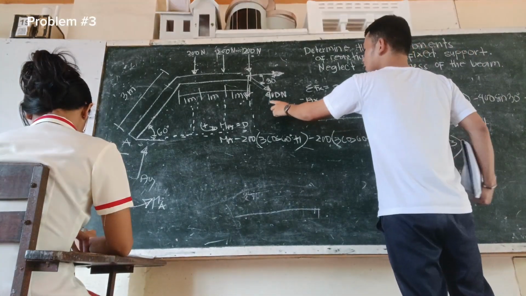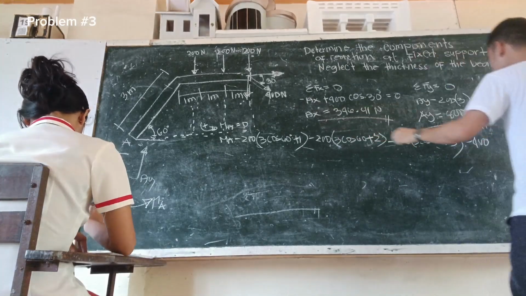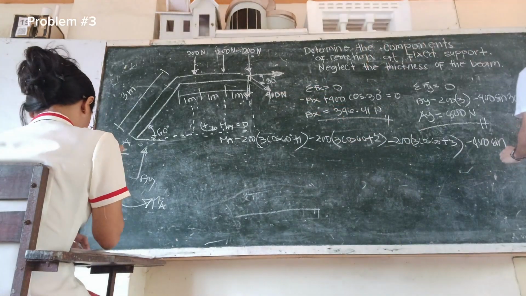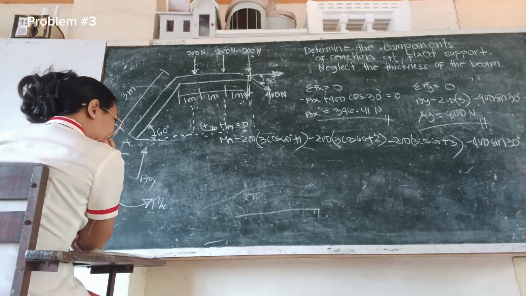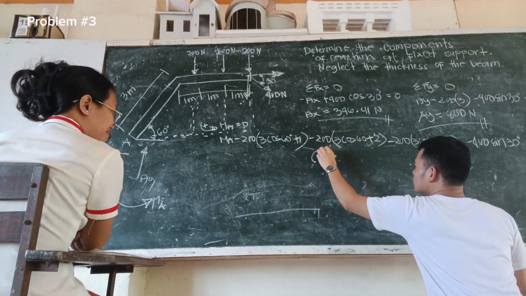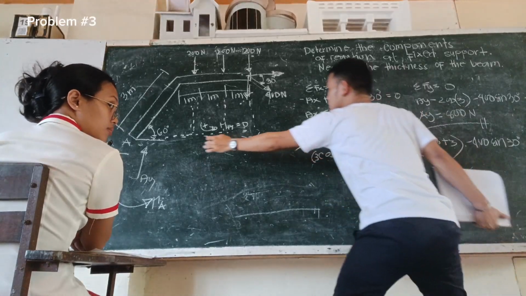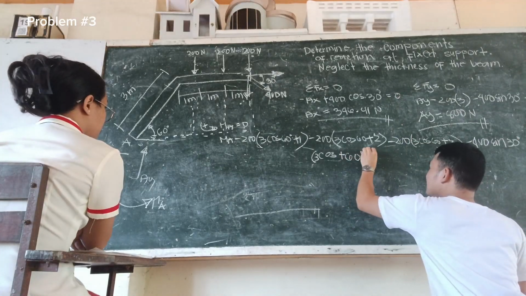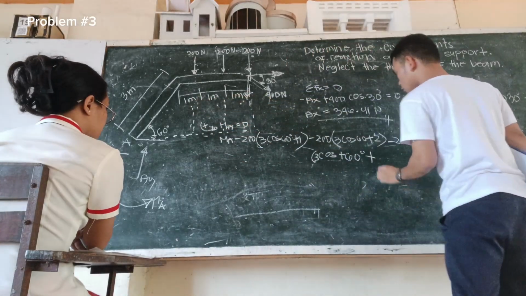So negative 400 sine 30 degrees times 3 cos 60 degrees plus the distance of 3, 1 plus 1 plus 1 is equal to 3.